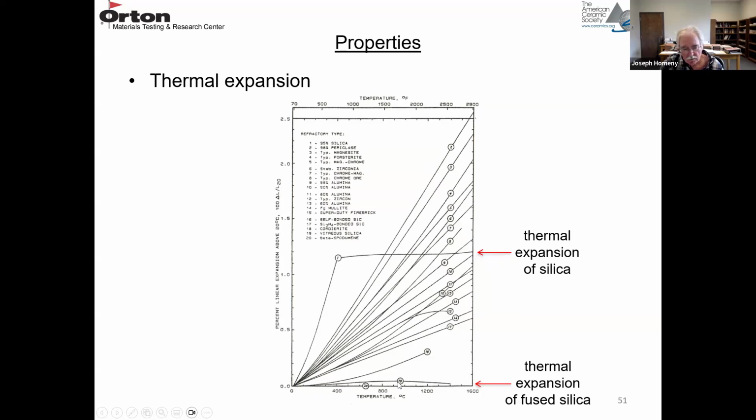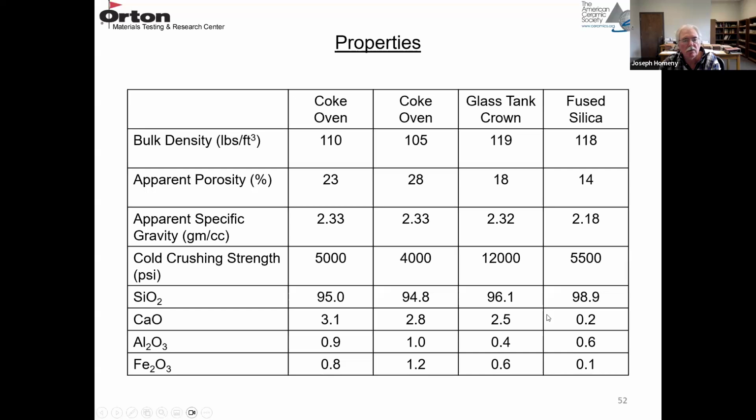It's this low. So these are all refractory materials from your carbides and nitrides, the lowest expanding, up to the MgO type base materials up here. And then in the middle are your alumina and zirconia refractories. But you can see how low fused silica is. It's just not a high temperature material. And this fused silica is actually added to a lot of the composite refractories, which we'll talk about. That'll enhance its thermal shock resistance.